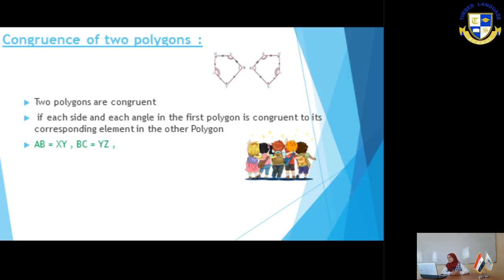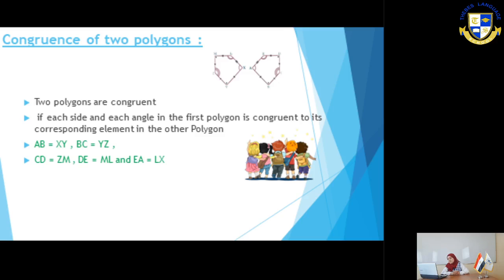So in the opposite figure, we have two polygons, ABCDE and the polygon XYZML, where AB equals XY, BC equals YZ, CD equals ZM, DE equals ML, and EA equals LX.